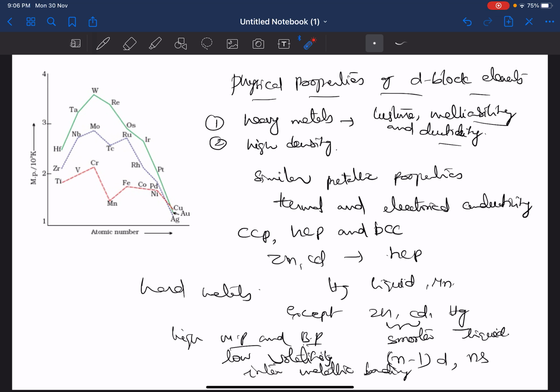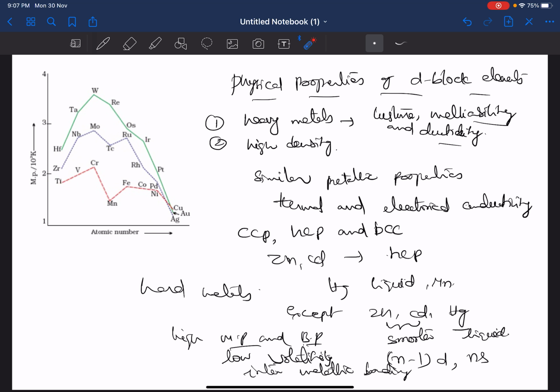We will observe the first 3D series metals, that is scandium, titanium, vanadium, chromium, manganese, iron, cobalt, nickel, copper and then zinc. These are the first row of 3D elements, denoted by this red color. As the electronic configuration increases, that means the number of d electrons increases, the melting point will also increase.